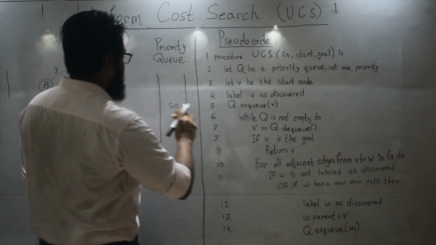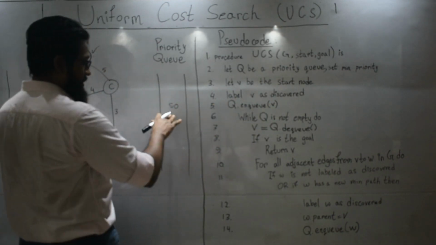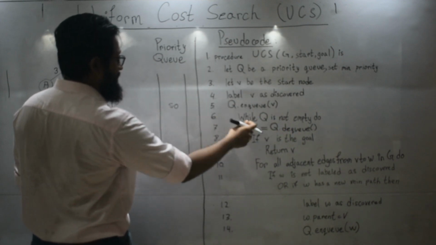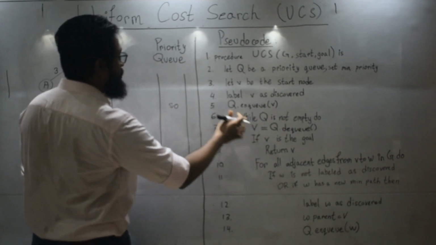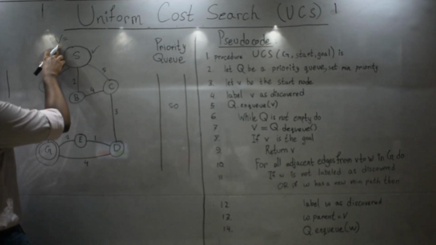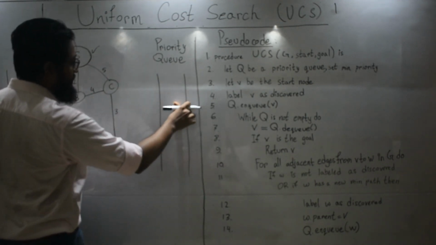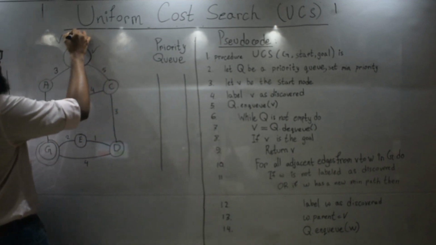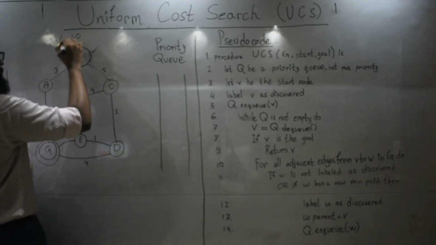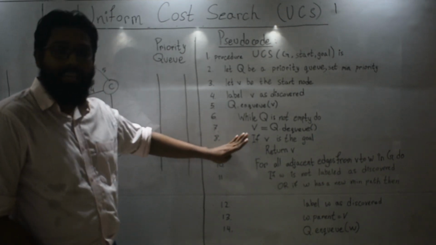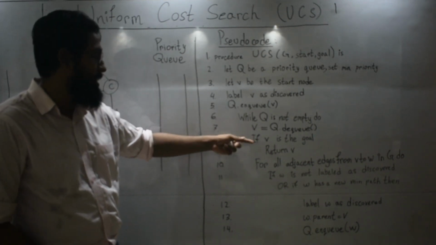While the queue is not empty, the queue is not empty, right? Dequeue and put whatever you have dequeued in the variable V. So we have S0, let's dequeue and put it over here, S0. Now is S0, the start state, my goal?